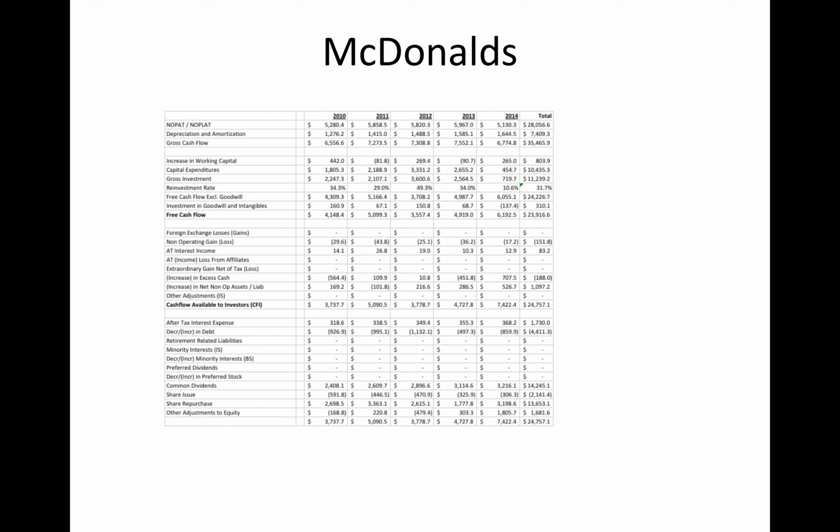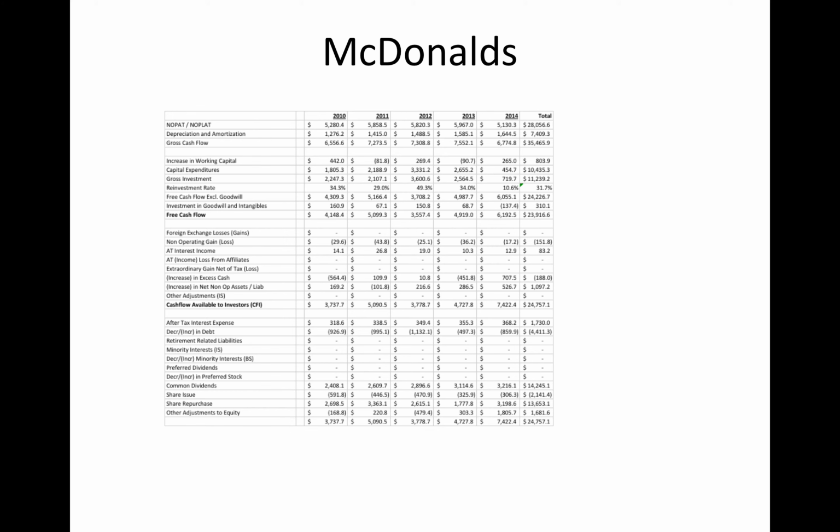All right, so here's the point. They had $24 billion of free cash flow. Then what did they do with their non-operating cash? Did they put it in the bank? Excess cash: what was the change in excess cash? So they put $188 million in excess cash in the bank.